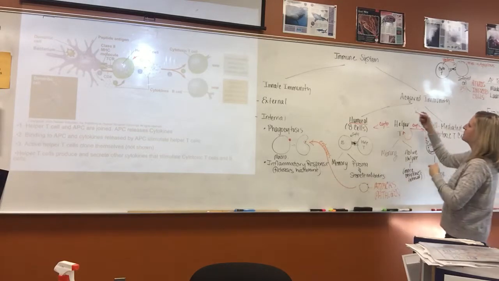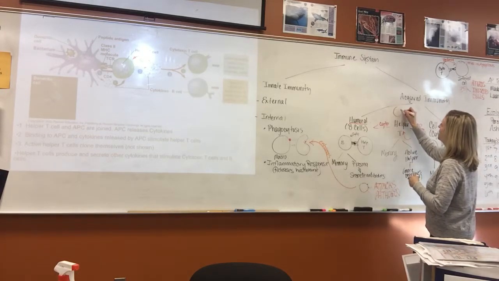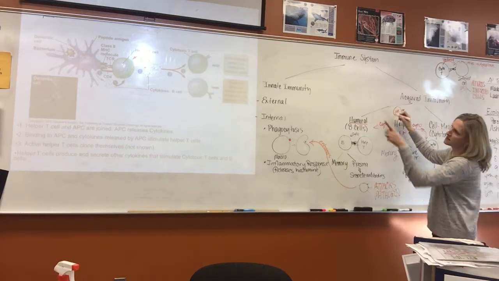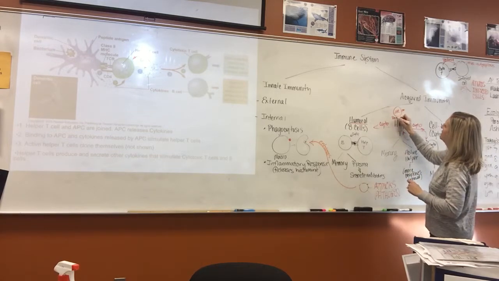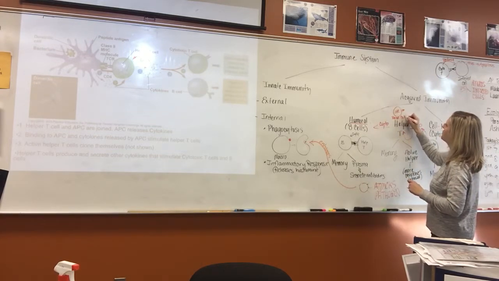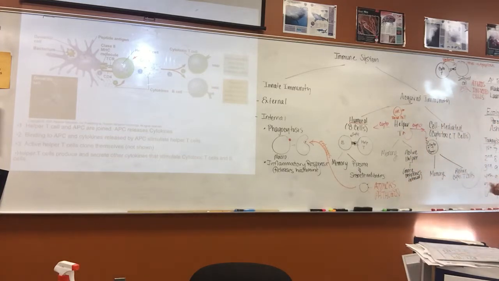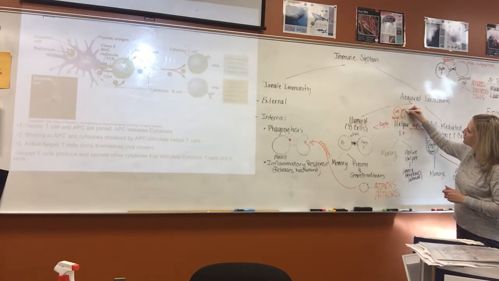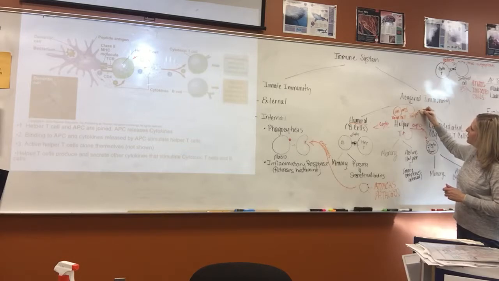So over here, this is the antigen presenting cell. Let's say this example is a dendritic cell; it could be a macrophage as well. A dendritic cell presents the antigen of the pathogen that is destroyed, and then your helper T cell binds to that.